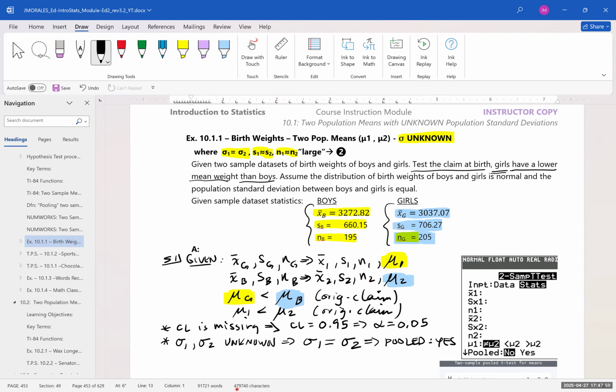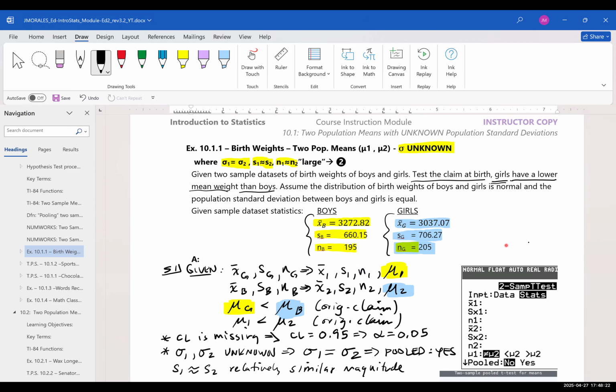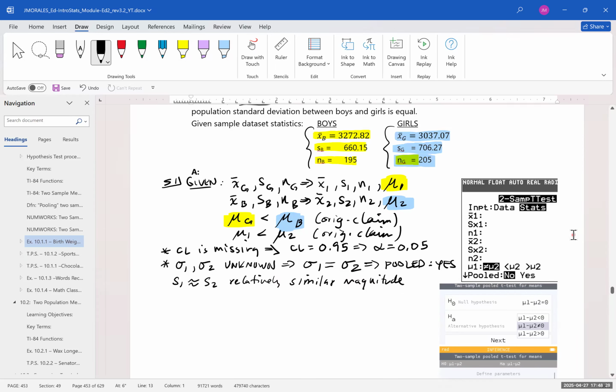Now, the sample standard deviations of girls and boys have a relatively similar magnitude. Let's see here, what else? Sorry, I'm trying to scroll down, but there we go.